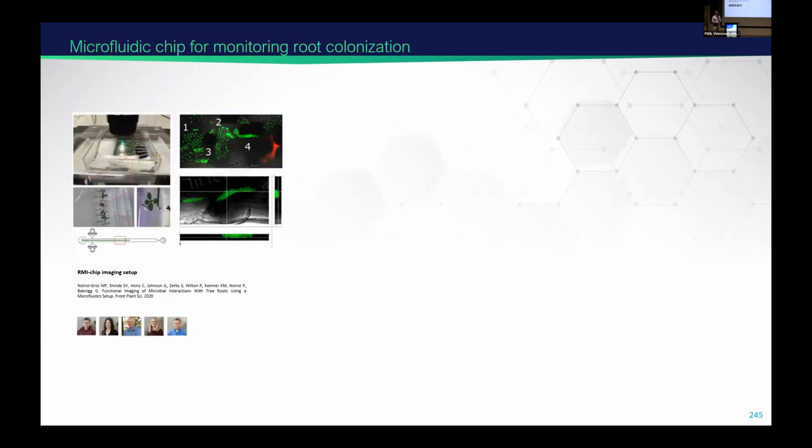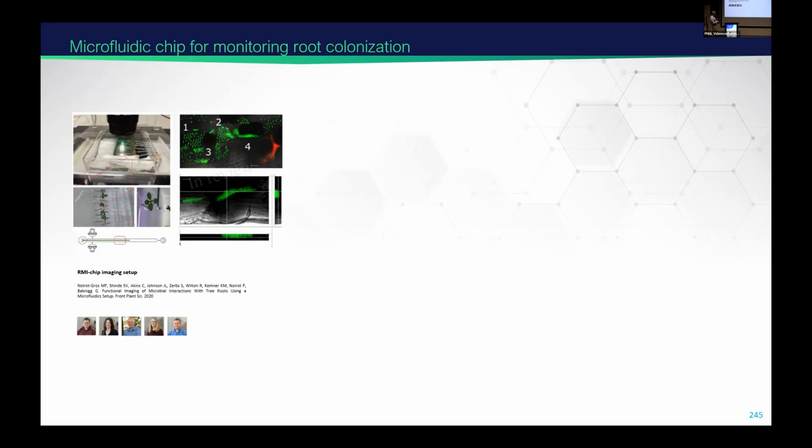As I said, in previous work with Ken, we developed a microfluidic approach to monitor root colonization. And we could actually see the formation of colonies, sometimes even dissolving those colonies and relocating them somewhere else.